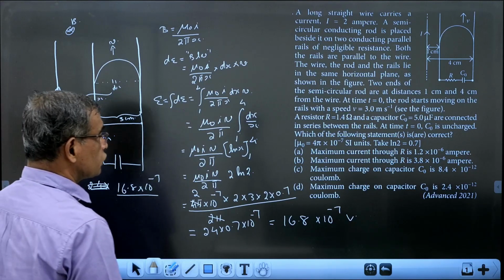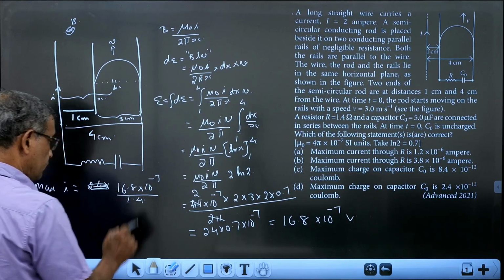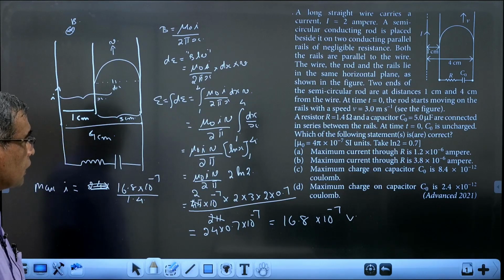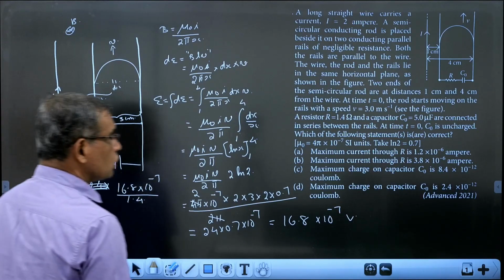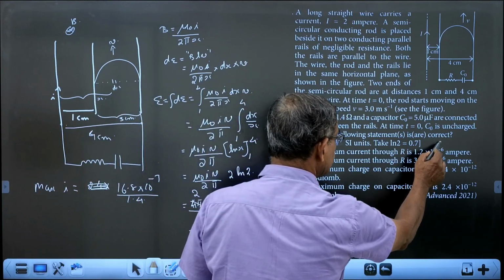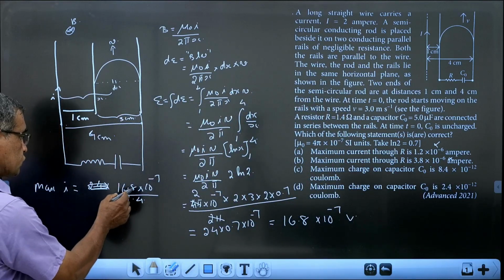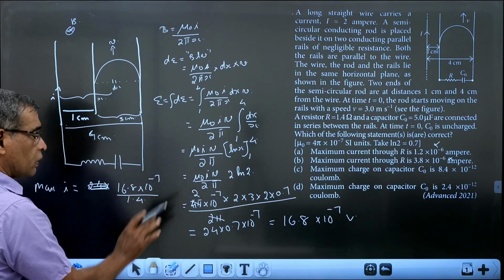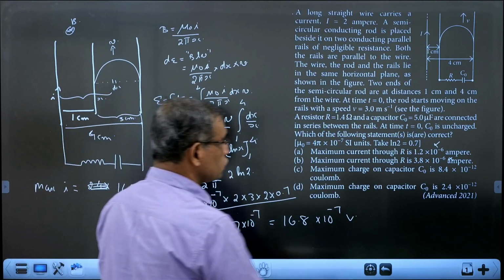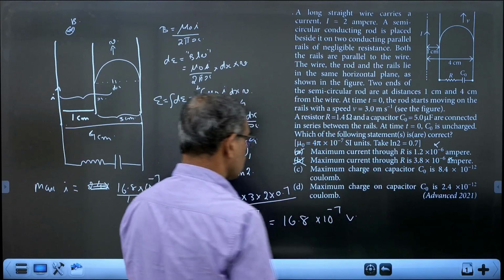Resistor in the circuit is given as 1.4 ohm. And this value on calculation is definitely nowhere near these two values, around 10 raised to minus 6. If you calculate this value, therefore both these two options are wrong. A is wrong, B is wrong.